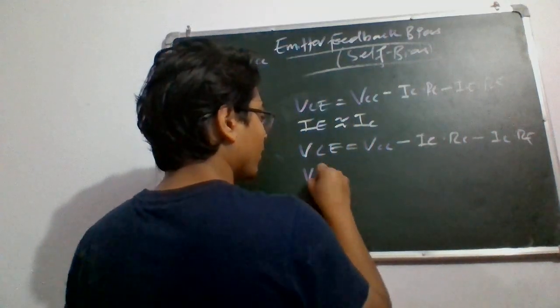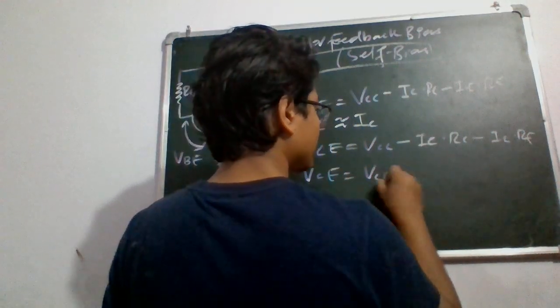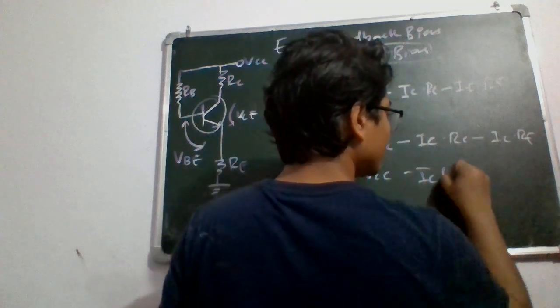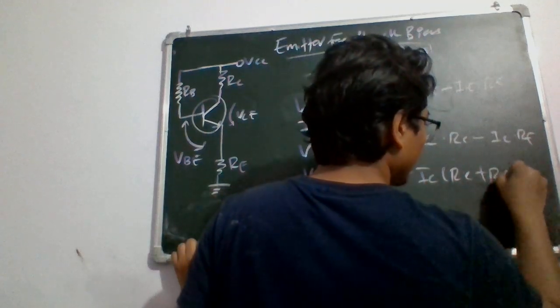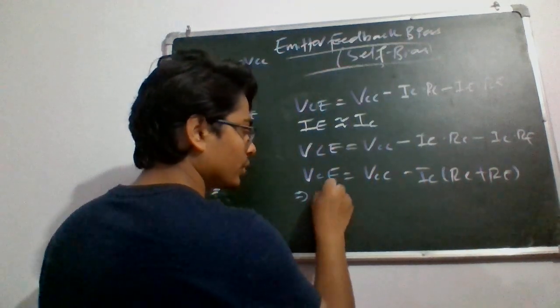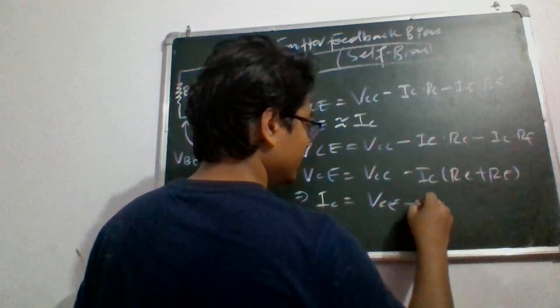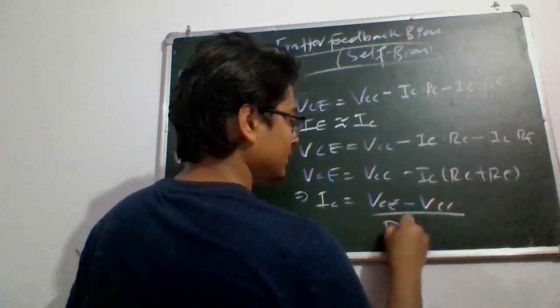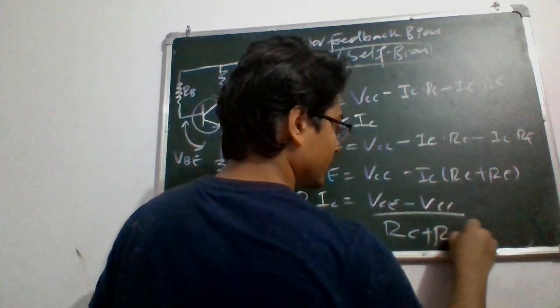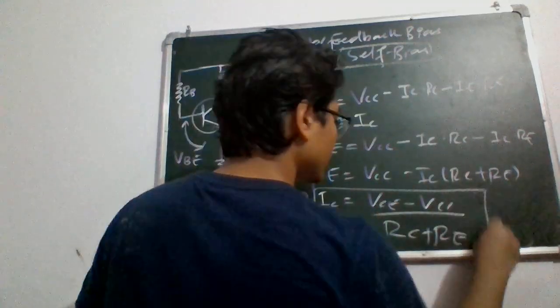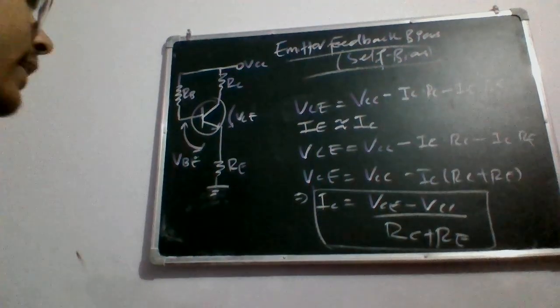That means we can write VCE equals VCC minus IC times (RC plus RE). As a result, we can say IC equals (VCC minus VCE) by (RC plus RE). This is the expression of collector current.